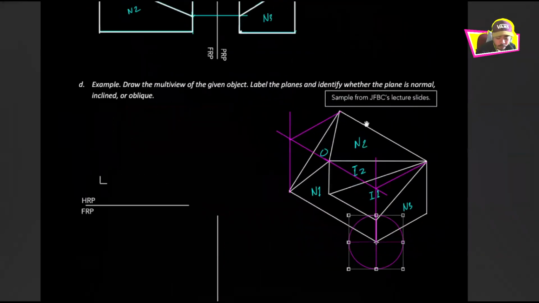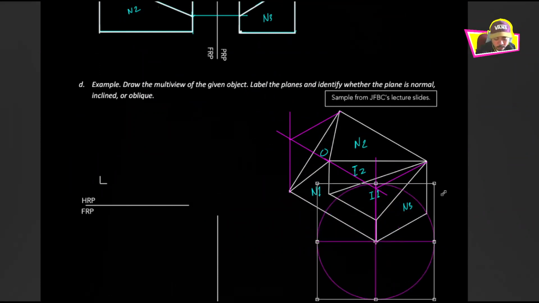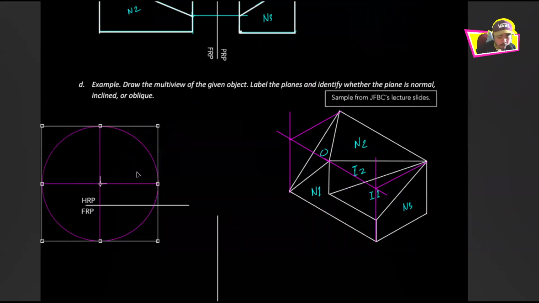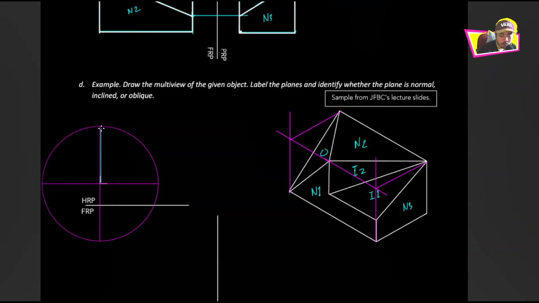Okay, so i-translate na natin yung glass box natin. So, we have different sizes, no? So, first is ito muna. Dito kukunin. Dito na lang. Kunin natin yung parang height nung HRP na box, no? So, yan. Nandyan siya.